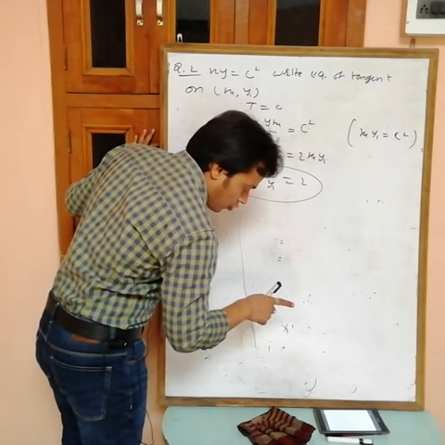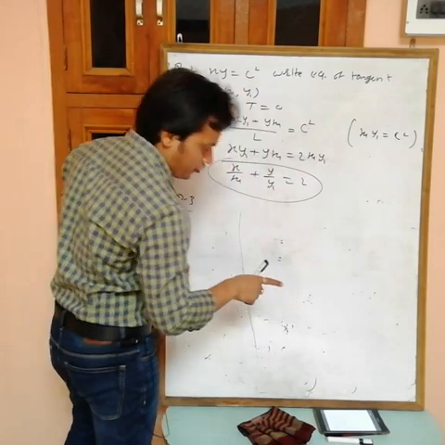Equation of the tangent done. After that, the chord whose midpoint is x1 comma y1: find its equation.